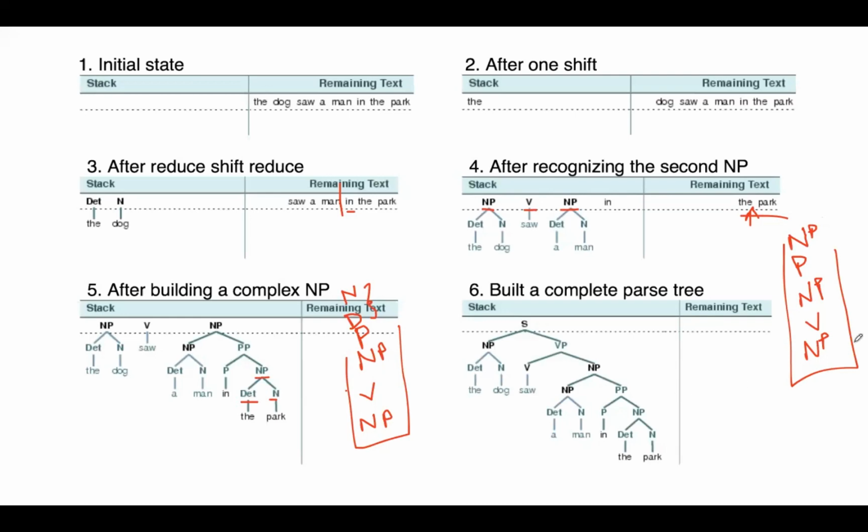Then this P and NP, the top two elements, NP and P, can be reduced to PP, prepositional phrase.